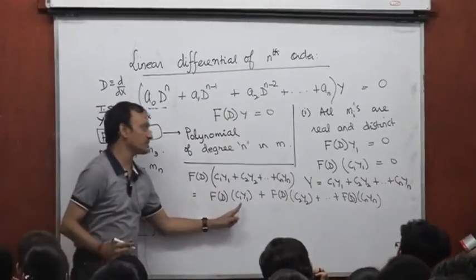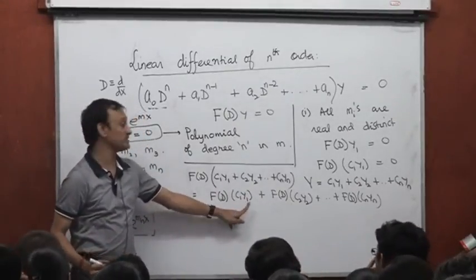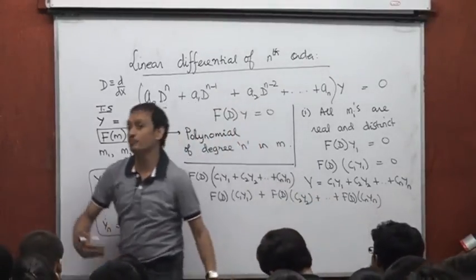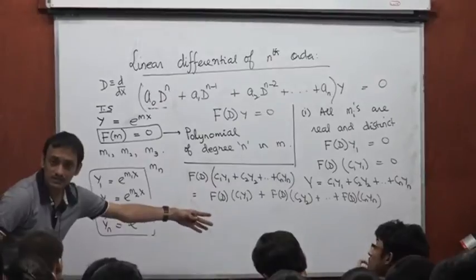But I already established that fd operating on C1 y1 would be 0, fd operating on C2 y2 would be 0, fd operating on Cn yn would be 0. So this whole thing would be 0.